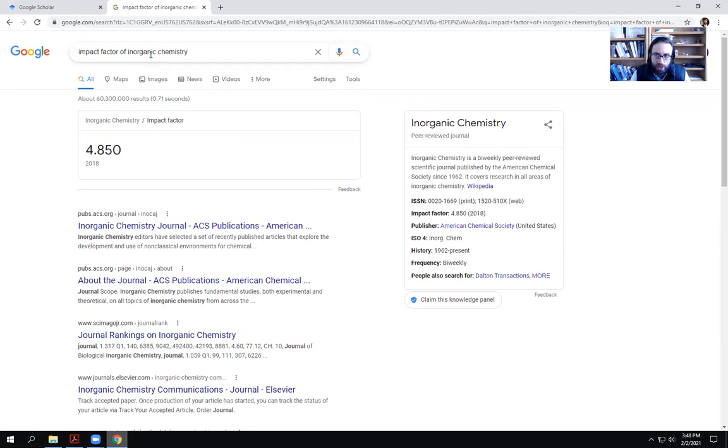Why would you expect the journal Inorganic Chemistry to be less impactful than Journal of the American Chemical Society? The reason is because Inorganic Chemistry is really only read by inorganic chemists, right? And so it only contains inorganic chemistry, and so it's pretty narrow. So generally, the narrower the scope of a journal is, the lower its impact factor.